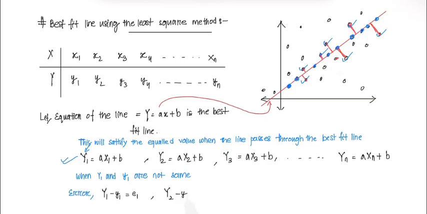Y2 minus small y2 equal to e2, a small error. Y3 minus y3 equal to small error e3. This continues up to Yn minus yn equal to en. These are when capital Y and small y are not the same.